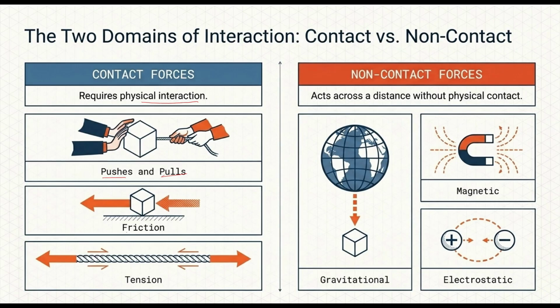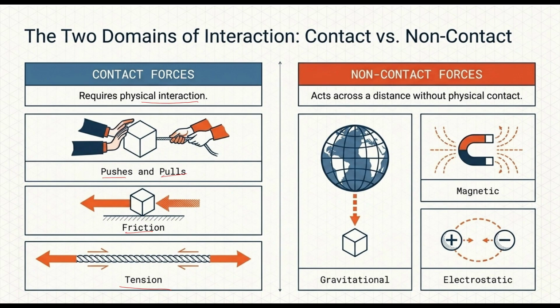Friction acts between surfaces and opposes the motion. And what about tension? Tension acts through ropes, cables, or strings when they are pulled tight.